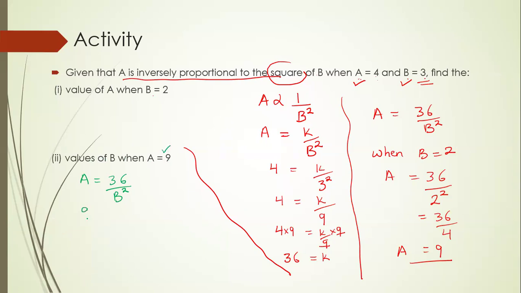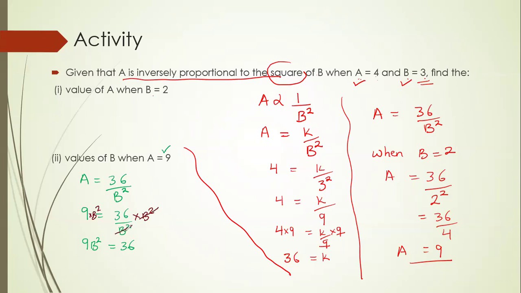So 9 is equal to 36 over B squared. What do we need? We want B. So we first remove B from the denominator by multiplying through by B squared. So you have 9B squared is equal to 36. Remember, do not forget to multiply this side by B squared as well.